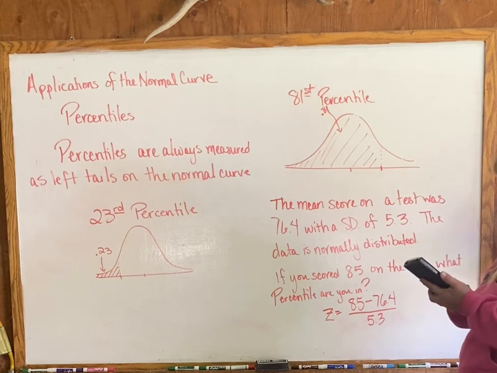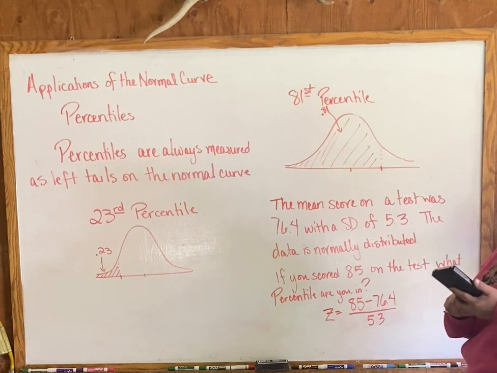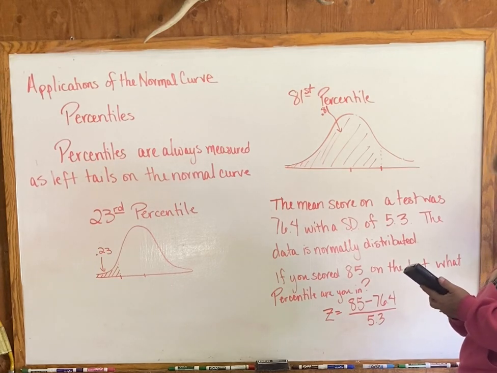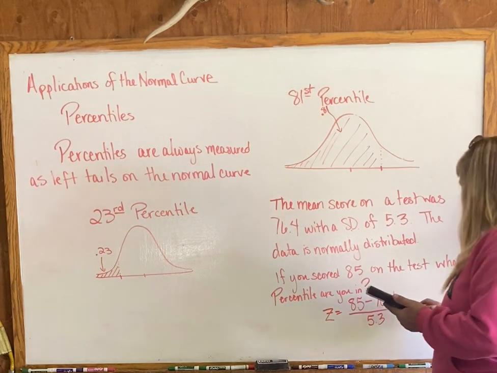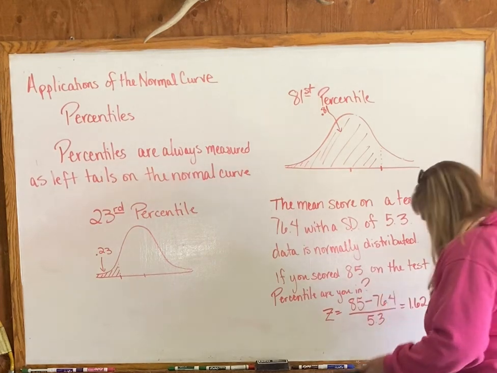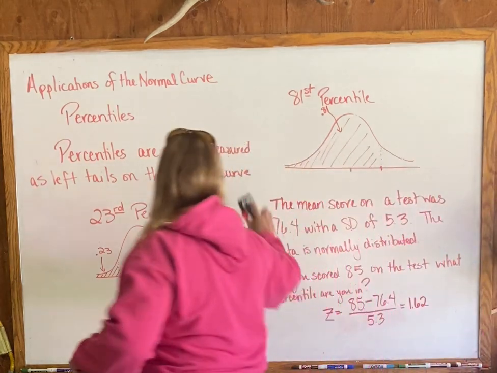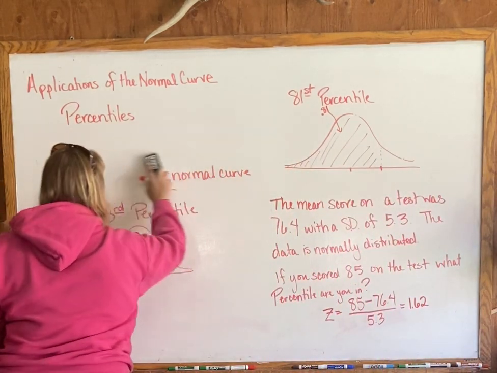So 85 minus 76.4, enter, divided by 5.3, and I end up with a 1.62. Okay, hopefully you ended up with a 1.62 as well.